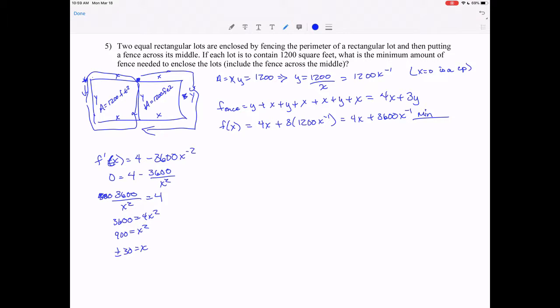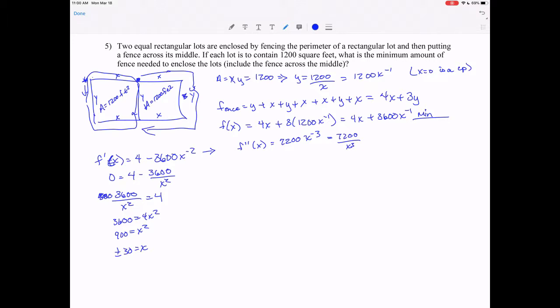Now, I want to find the second derivative. So if I find the second derivative, then that gives me 7,200 x to the negative 3. So that's 72 over x cubed.